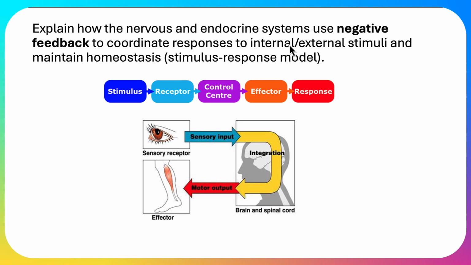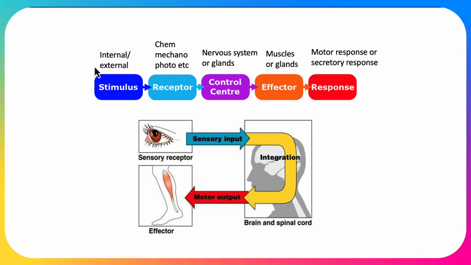So the syllabus objective is essentially to explain how the nervous and endocrine systems use negative feedback loops to coordinate responses to internal and external stimuli and to maintain homeostasis. So the stimulus can be internal or external. The receptors can be chemo, mechano, photoreceptors.